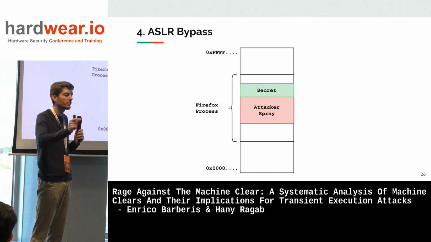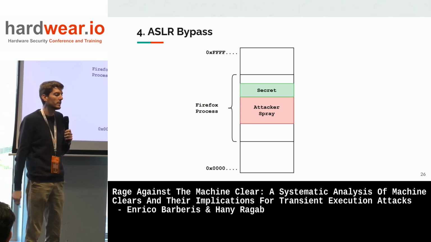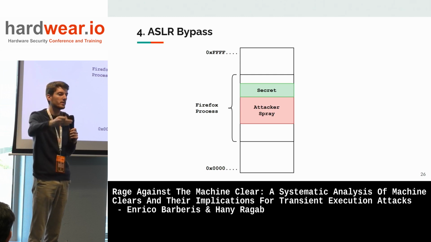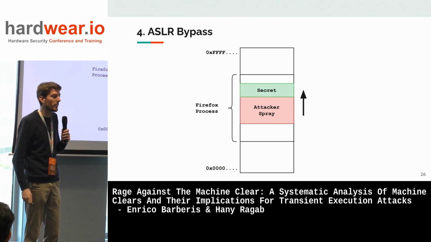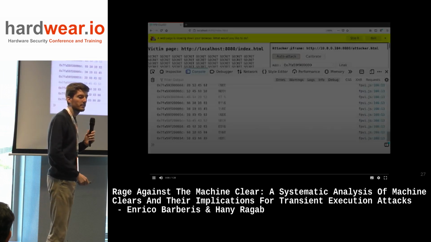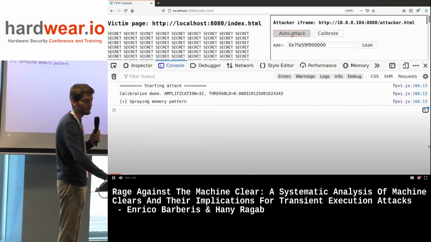So we spray the Firefox process memory with 1 GB of known variables, a fixed value. And then we scan all the memory until we see our constant value. And then by slowly going up, we are going to find the address of the secret that we are looking for. So we also made a video to show the exploit going on.